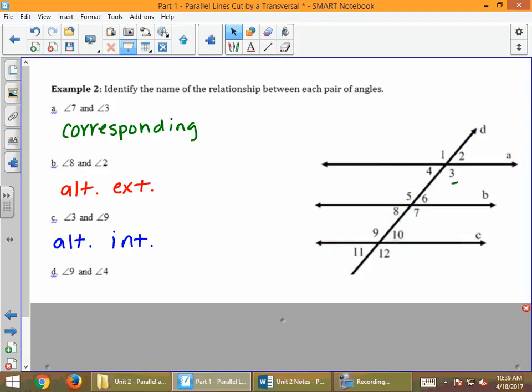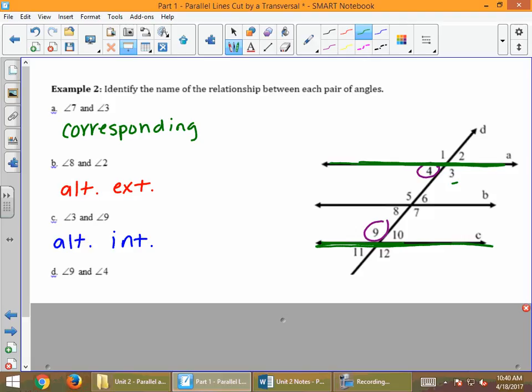And the last one, 4 and 9. Go with purple. We're going to go 4. We're going to go 9. Okay, again, ignore that middle line. We're only focusing on this side right here, A. We're only focusing on this side right here, C. And here is our transversal. Okay.